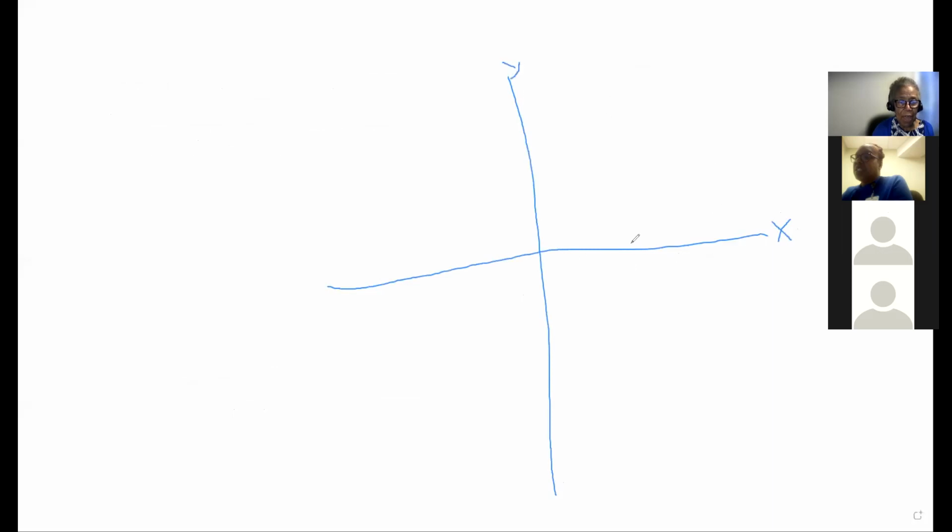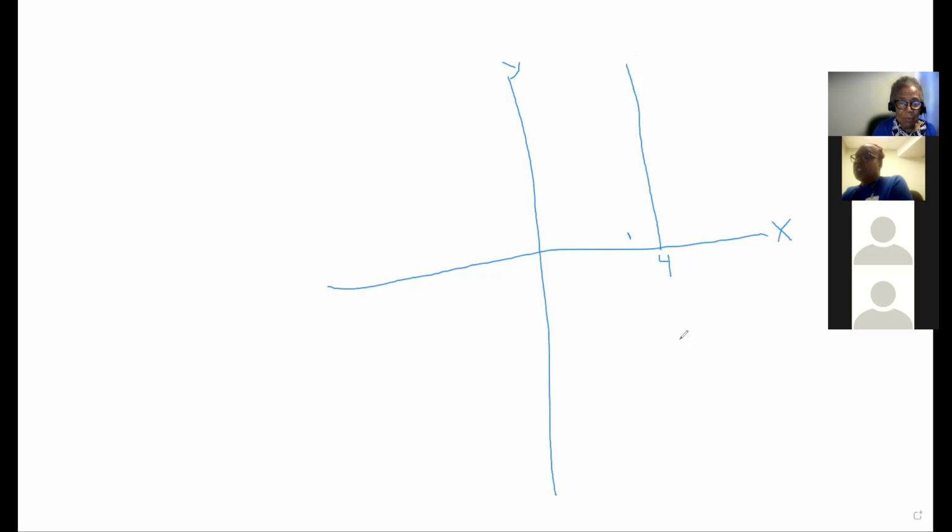Now, if I have a straight vertical line here, and I'll just say X here is 4. Now, X has the same value of 4, right? So how do you find slope? Slope is the difference in Y over difference in X. So the Y is changing, but the X is staying the same, right?